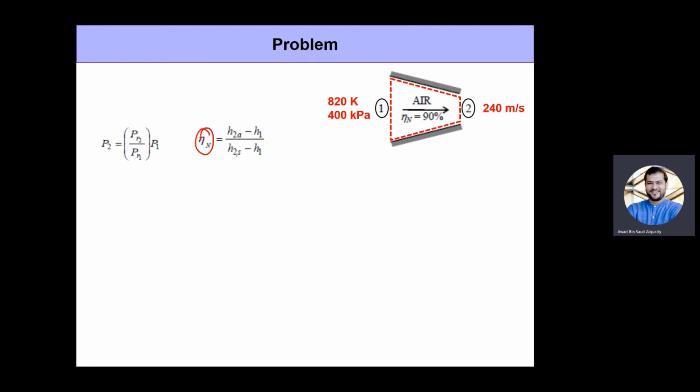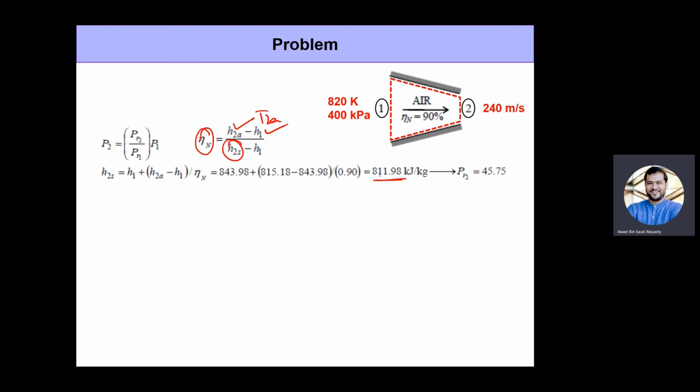So there's basically going to be a change in enthalpy from H1 to H2. So we have H2A because we have T2A. We have H1 because we have T1 already. From here we get H2S, right? So when you plug in the numbers, H2S comes out to be 811.98 or 812.